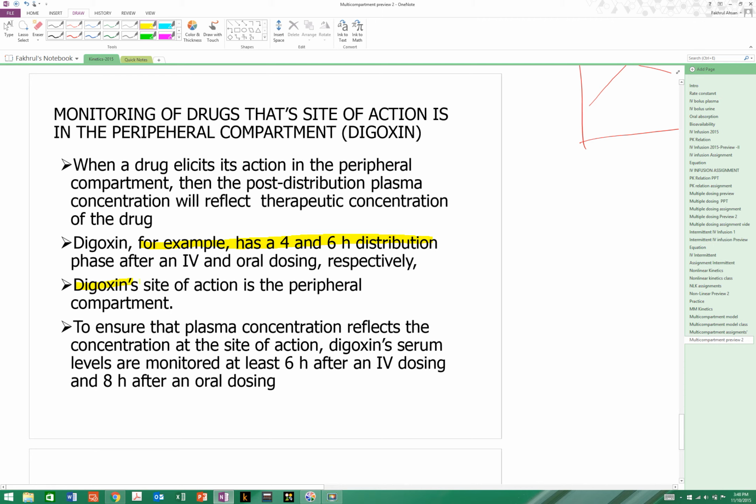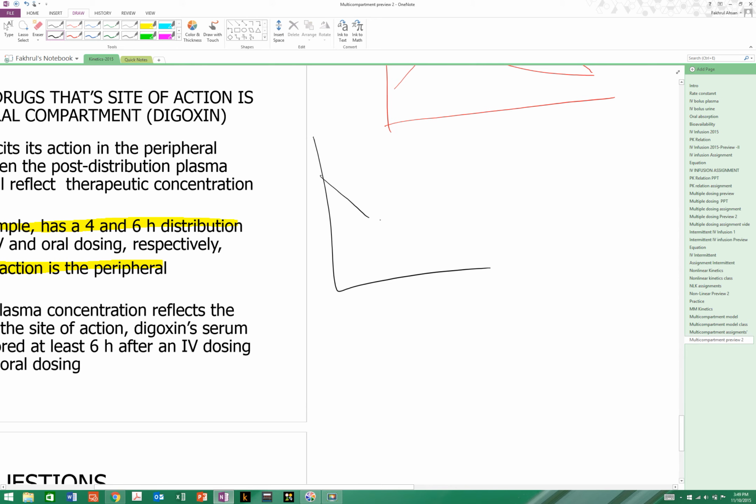And digoxin's site of action is the peripheral compartment. So to ensure the plasma concentration reflects the concentration at the site of action, serum levels are monitored at least 6 hours after IV dosing, because the drug is working during this phase. So you have to take the sample during this time.